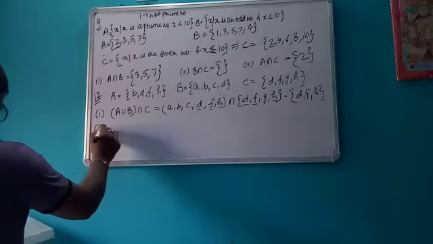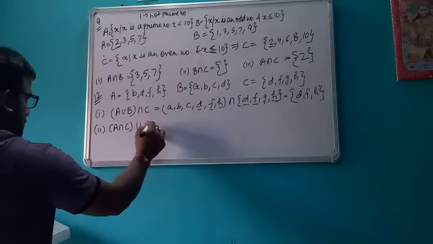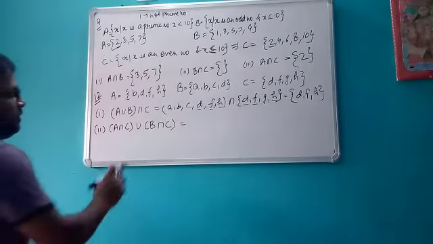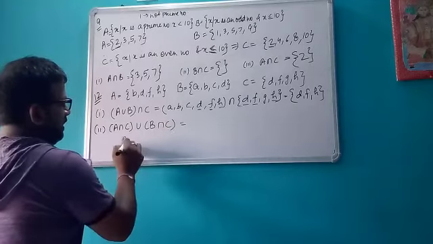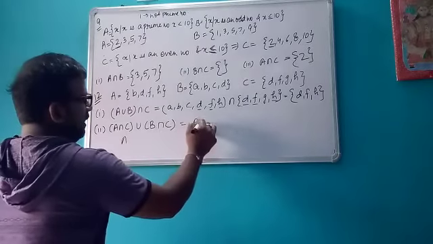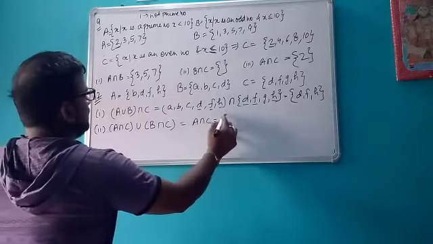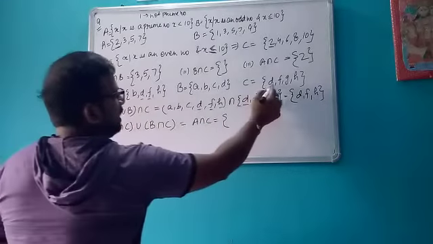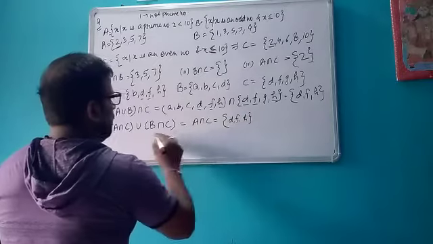Then we have to calculate A intersection C union B intersection C. So first we will calculate A intersection C. Let's see what is A intersection C. So this is A, this is C. So the common elements will be D, F, H. Then what will we calculate?